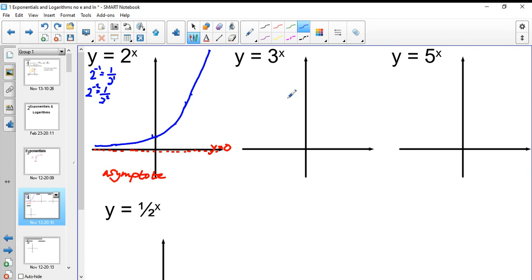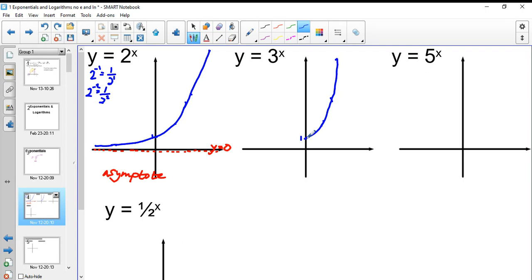Now if we look at y equals 3 to the x, again 3 to the power 0 is 1, so when x is 0, y is 1. So this also goes through 1. When x is 1, y is 3. When x is 2, y is 9. When x is 3, y is 27. We get a similar sort of thing, apart from it gets steeper at a faster rate.